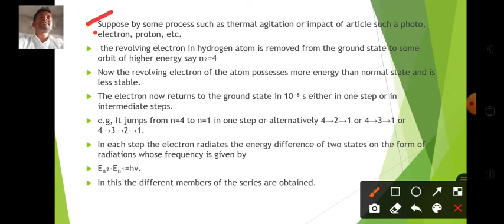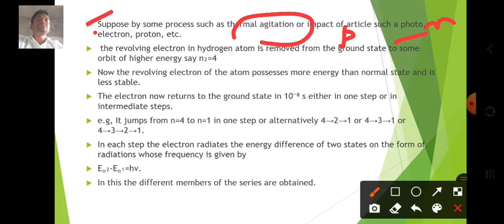Next, suppose by some process such as thermal agitation or impact of particles, such as a photon, electron, proton, etc., these particles strike the atom, or thermal agitation means with thermal energy.